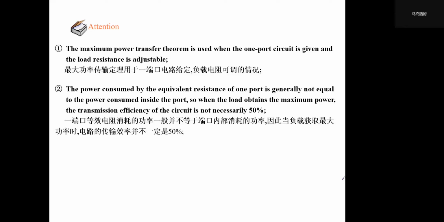We could use the superposition theorem to calculate the voltage and the current because they are linear, but we cannot use the superposition theorem to calculate the power, since the power is a product of the current and the voltage, so it's not linear.